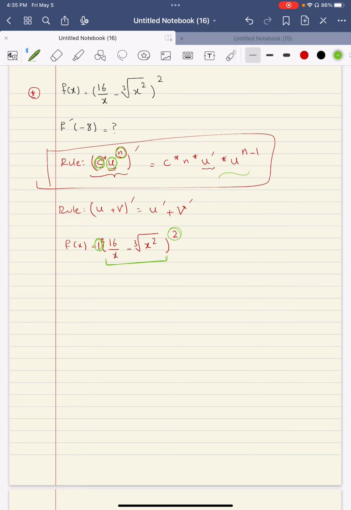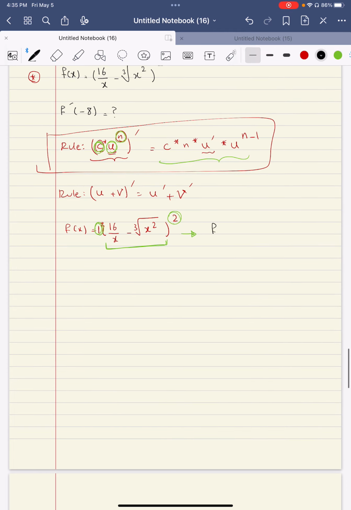So if we apply this rule, let's change the color because I think it's not easy to read. F prime x would be equal to c, or 1, times n, or 2, times u prime, or derivative of this part of the problem.